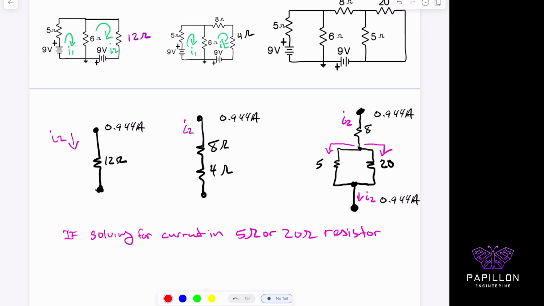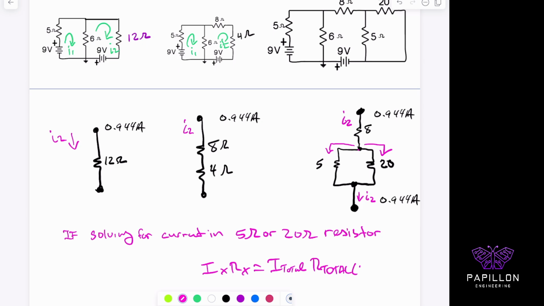So which method makes sense? Again, I guess Kirchhoff's current law makes sense. So if you wanted to figure out how much current across either the 5 ohm or the 20 ohm resistor, it's going to be using current division. This is how I like to do it. It's going to be I total, right? And then R total.